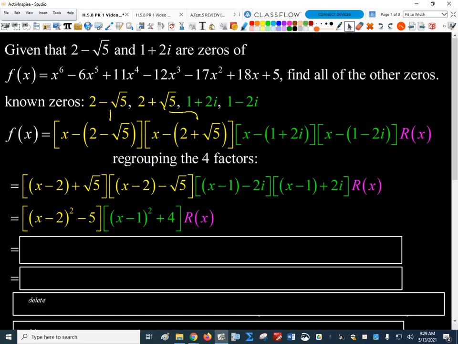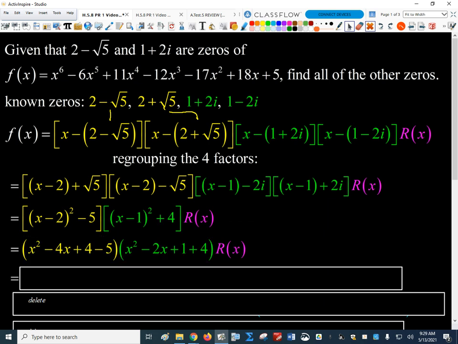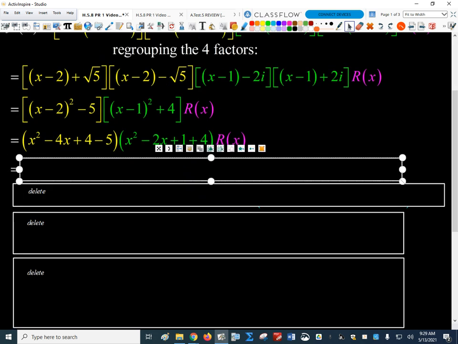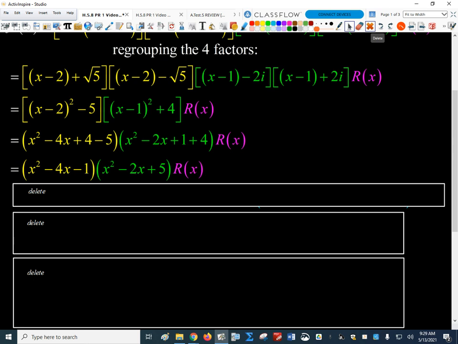And I can simplify that pretty easily. That's just giving me x squared minus 4x plus 4 minus 5, which I can simplify. This gives me x squared minus 2x plus 1 plus 4. And if I combine like terms, I'm just getting the product of those two quadratic polynomials.